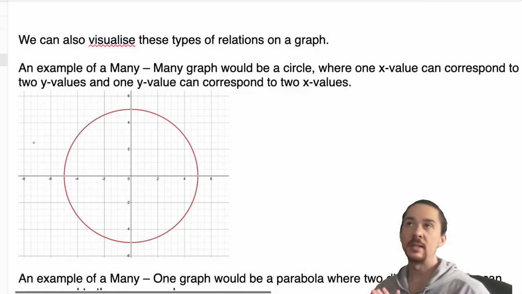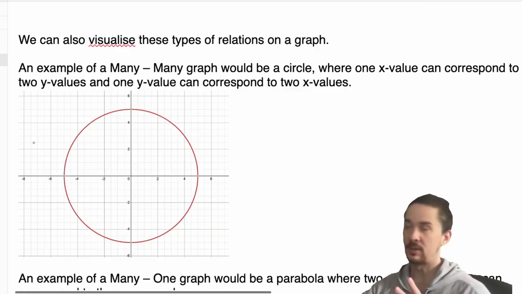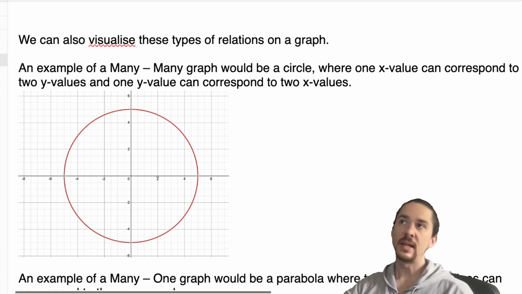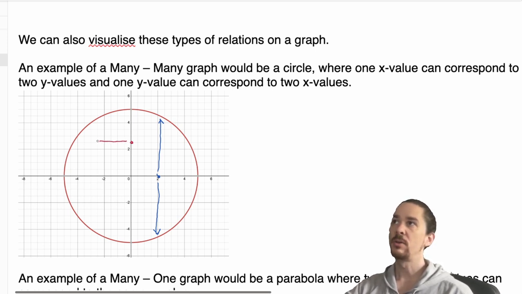Let's visualize some of these more graphically for a second. A circle is a great example of a many-to-many relation. And the reason is, if we take one x value, this x value can correspond to multiple different y values. And if we take one y value, this y value can correspond to multiple different x values.